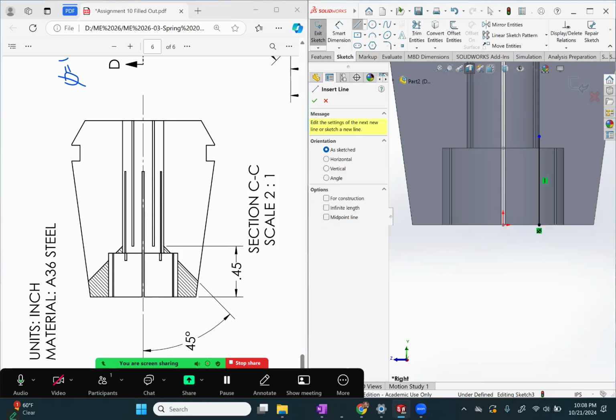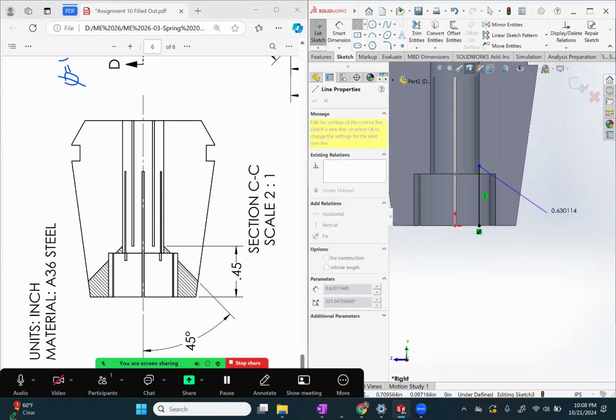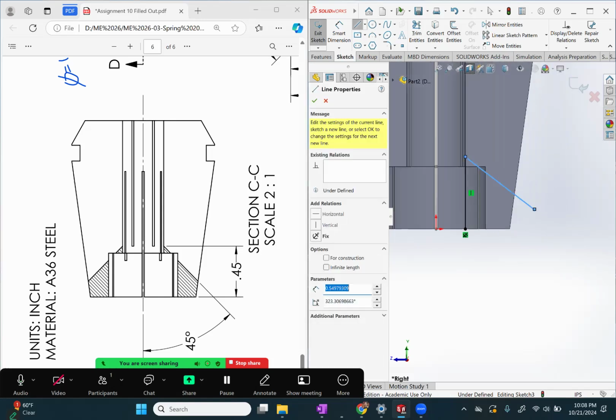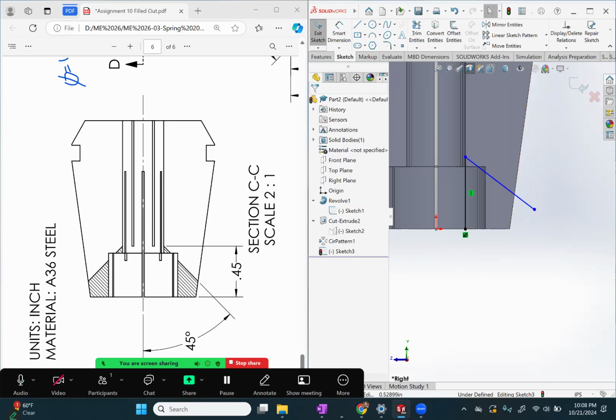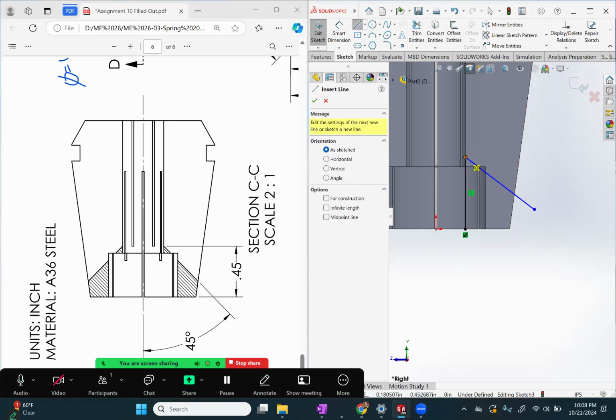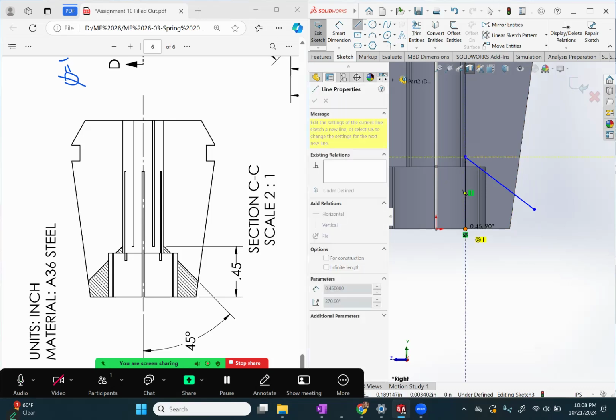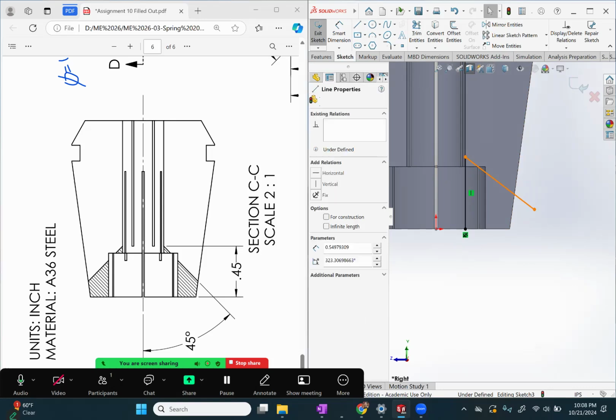Now I can draw this angled line from this point. See, this angle needs to be 45 degrees. So I believe if my vertical line is at 270 still, yes, 270 plus the 45. Not quite sure what that is, but we'll do 270 plus 45, 315.